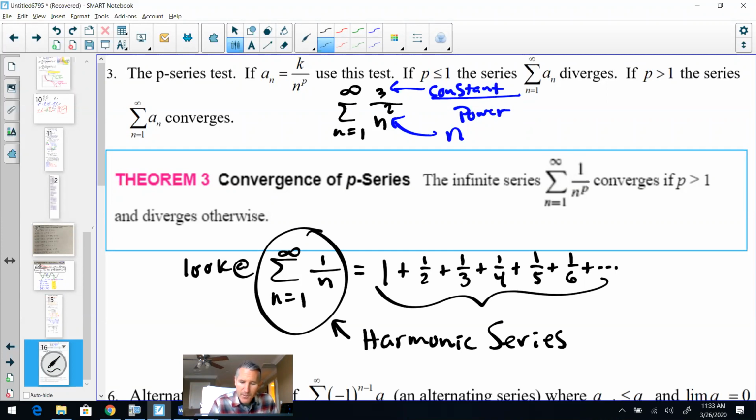It diverges. This diverges to infinity. All right, so that's what we got going on there.